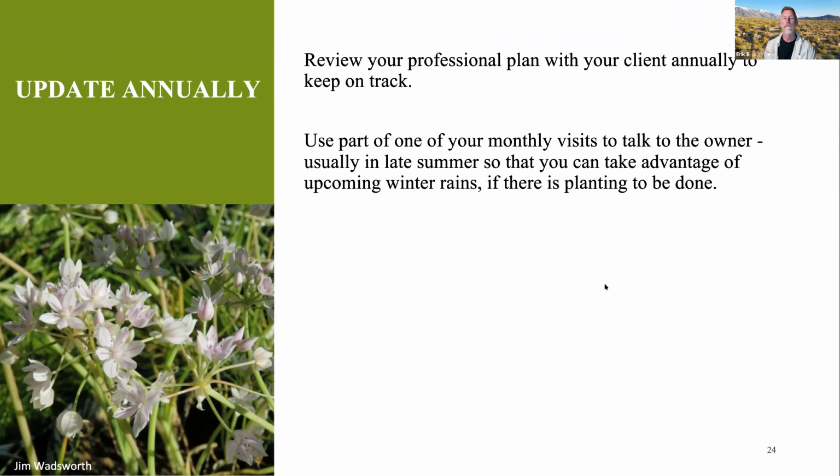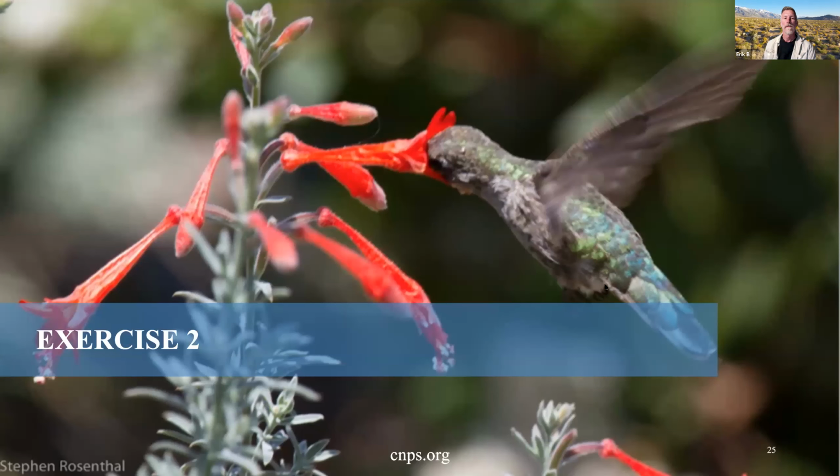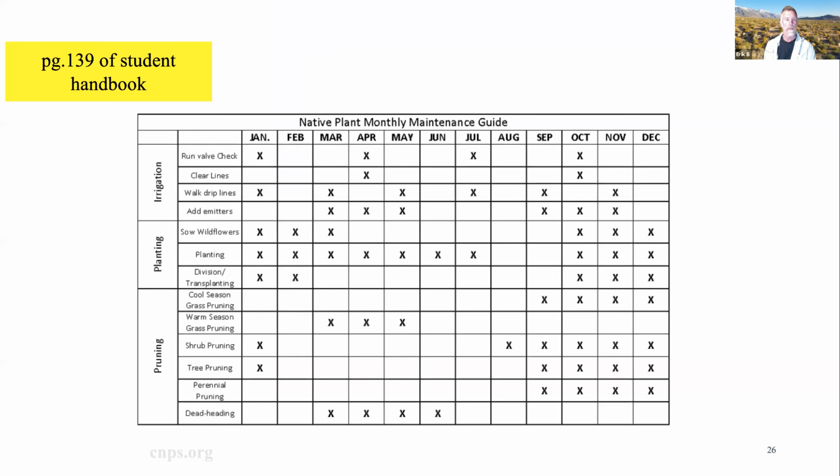All right, we're going to skip that. Something to take a look at if you're new to the maintenance schedule thing is page 139 of your student handbook, which outlines the things you'll be doing. Let's say somebody hires you to take care of their garden, and you're not quite sure when to do what, how often, things like that.